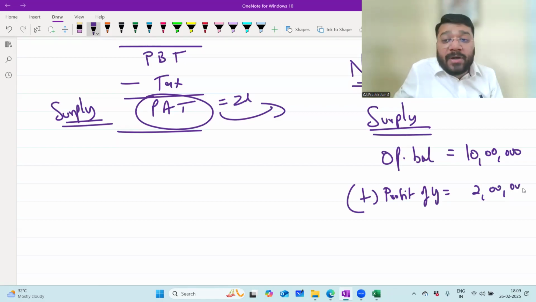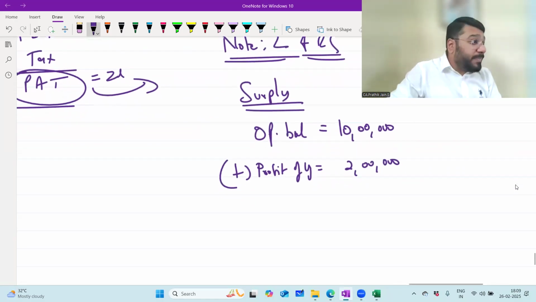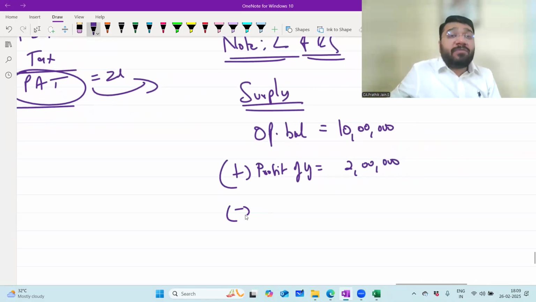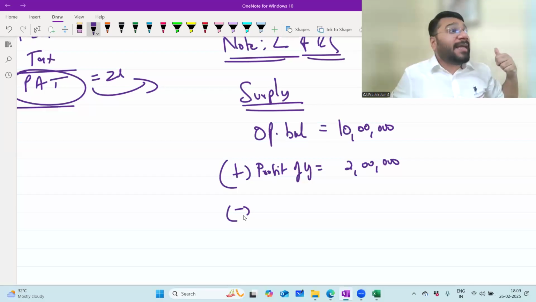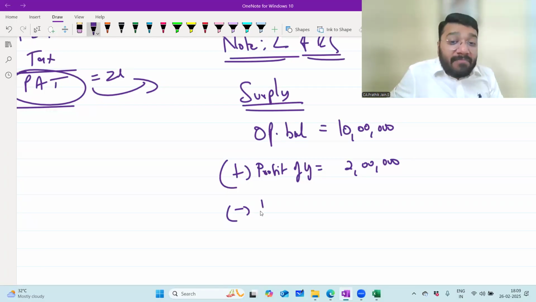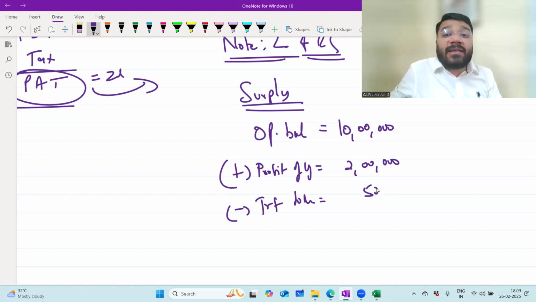So how much does your total profit now become? 12 lakh rupees. Now from this, what happens? You are transferring money to the GR account, general reserve. You will transfer to specific reserves, such as investment fluctuation reserve, for example. So in that case, minus the transfer to reserves. Let's suppose I'm transferring 50,000 rupees to reserves. So what is the balance now?